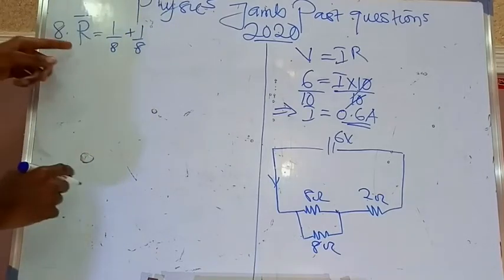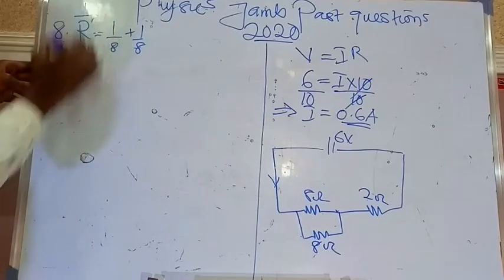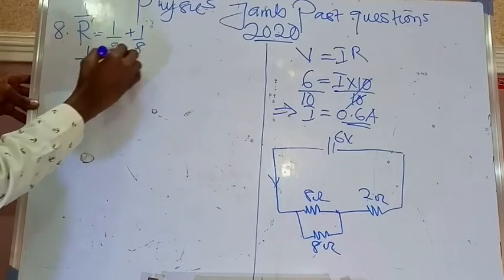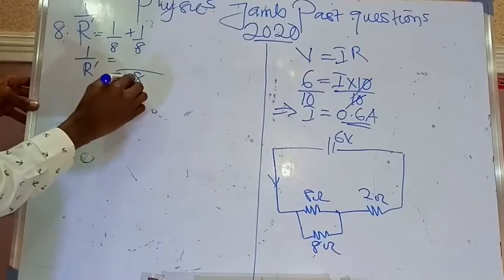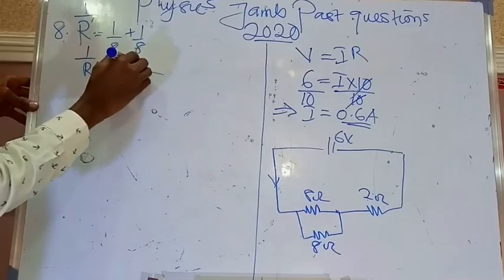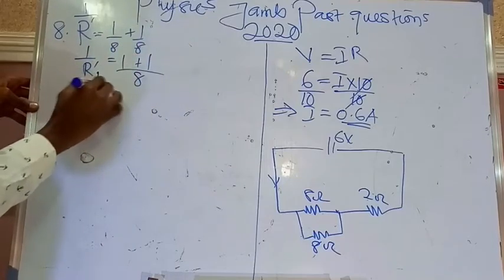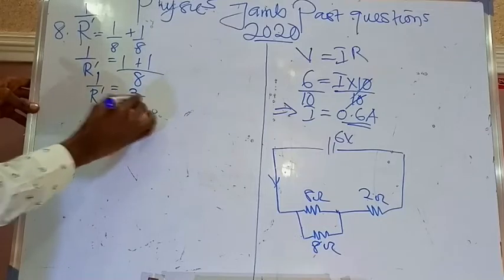Let's call it 1 over R prime so that we don't get lost. The LCM between 8 and 8 is 8, so 1 plus 1 gives 1 over R prime equal to 2 over 8.